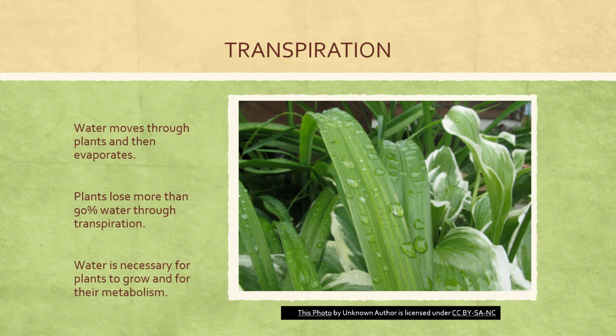Well, at the same time evaporation is happening, so is what's called transpiration. Transpiration is when water moves through the plants and then evaporates. So this too will go up to the sky. Plants end up losing more than 90% of their water through the transpiration process. And you know that water is necessary for plants to grow and for their metabolism.